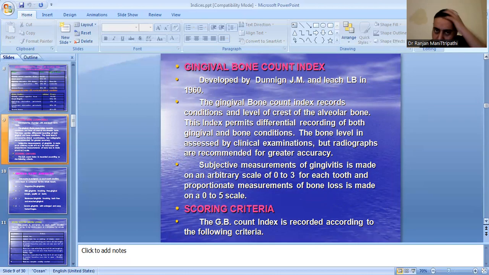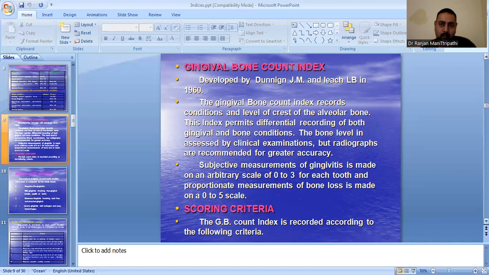Now there comes one more index, the gingival bone count index. This was developed by Engelberger, Jim and Leach in 1960. The gingival bone count index records conditions and level of the crest of the alveolar bone. This index permits differential recording of both gingival and bone conditions.